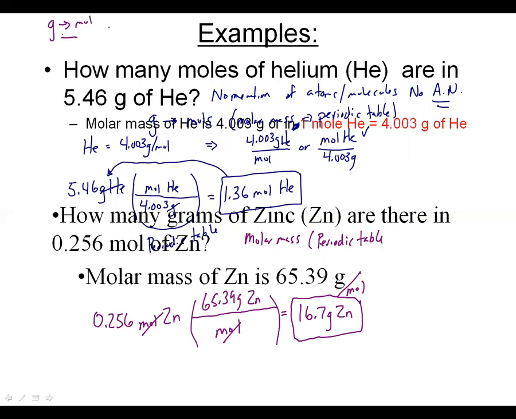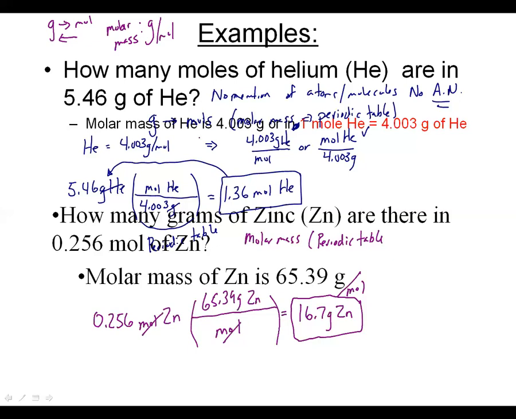It is that molar mass from the periodic table, which is in grams per mole. That is your conversion factor. Now, when we do some type of molar mass for something that is a molecule, we always want to do it just based off the formula. And we'll talk a little bit more about that in just a second.